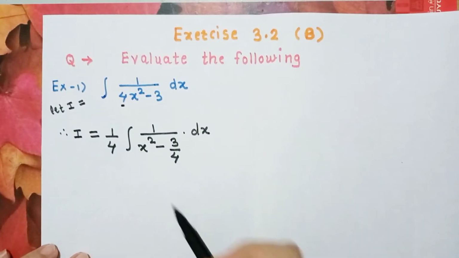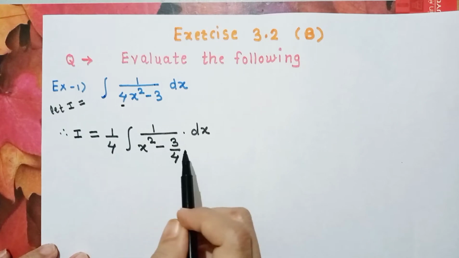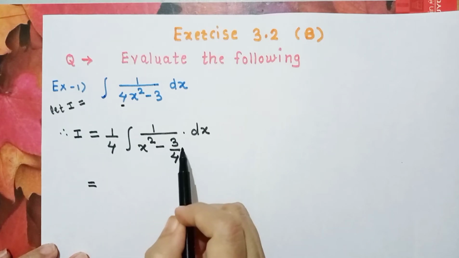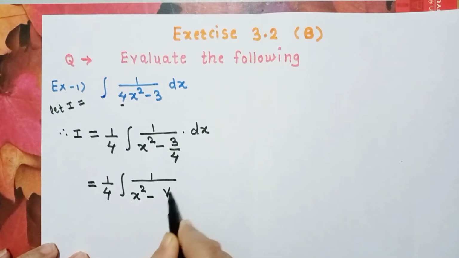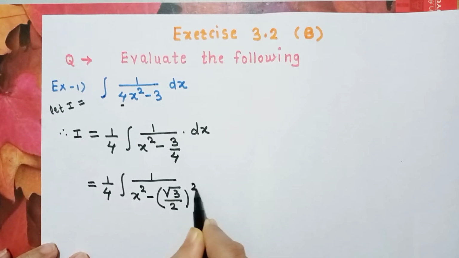Now we have formula x square minus a square, so we will keep this term in square form, so that is equal to, and this is root 3 upon 2 bracket square.